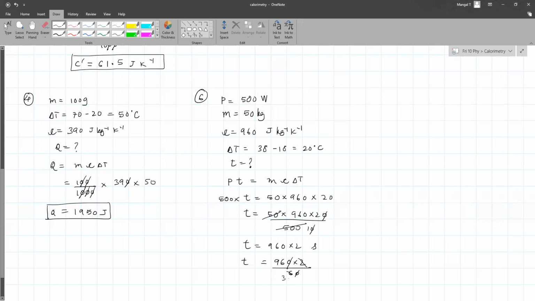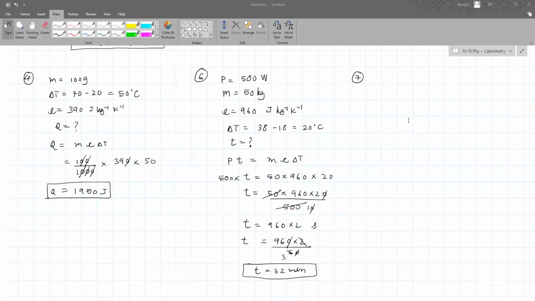So 2 ones are, 2 threes are. It will be 32 minutes. So that's the time required for the temperature to rise from 18 to 38 degrees Celsius. Okay, after this, we will do question number 7.